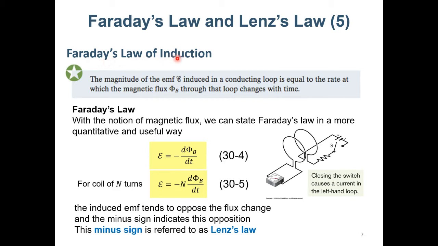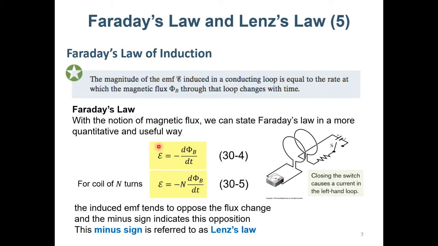So Faraday's law of induction: the magnitude of the EMF induced in a conducting loop is equal to the rate at which the magnetic flux Φ_B through the loop changes with time. The simple form can be written like this.